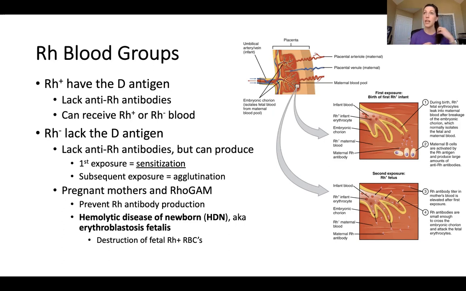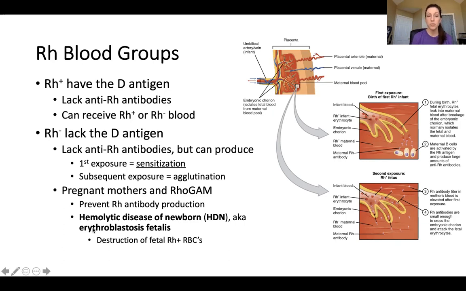If anti-Rh antibodies get into the bloodstream of an Rh positive infant who has that D antigen on the surface of its red blood cells, then those maternal anti-Rh antibodies will start attacking the fetal Rh positive red blood cells, and that causes those red blood cells to be destroyed.